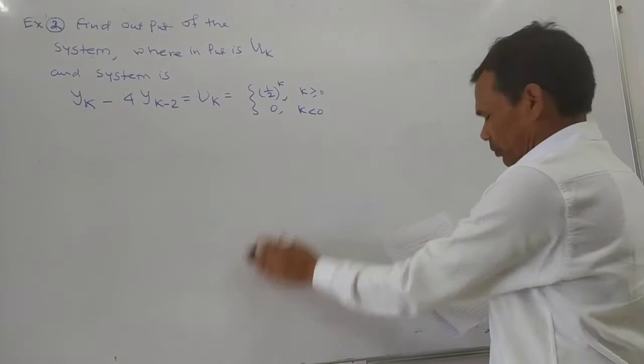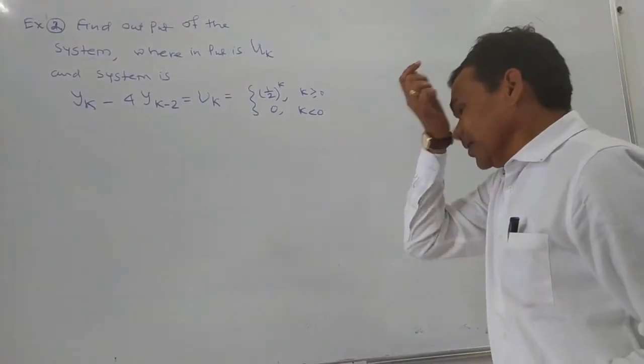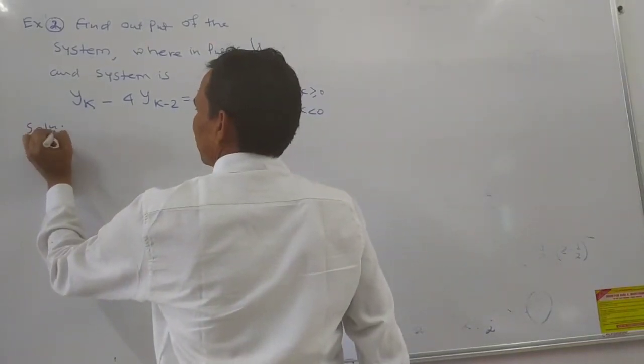And y k is considered as a causal sequence. So you have to find the output of this particular system.